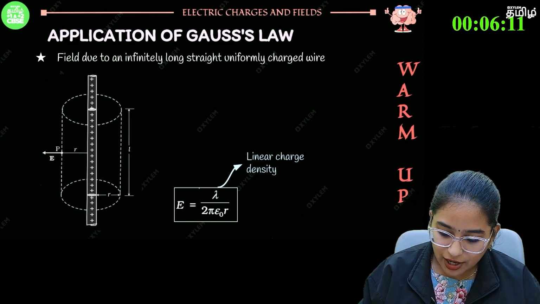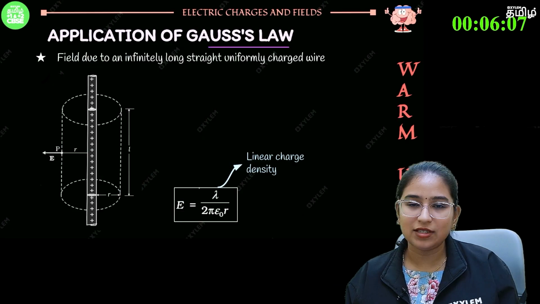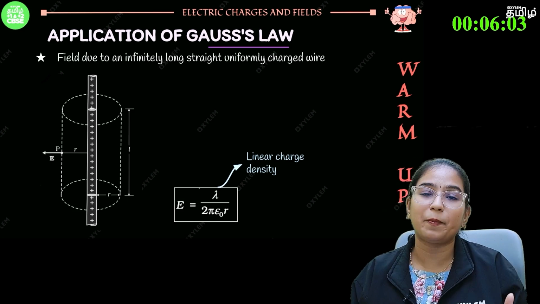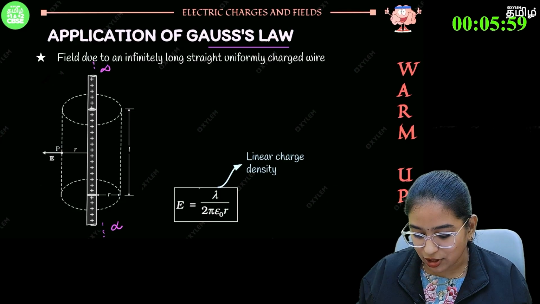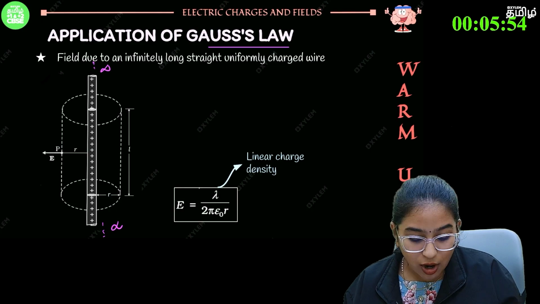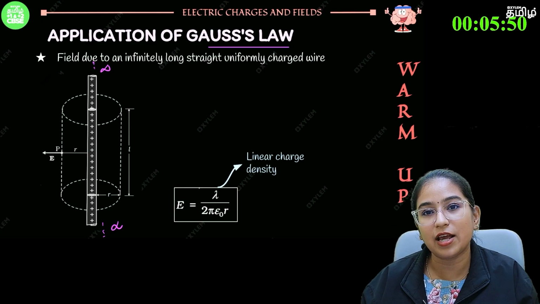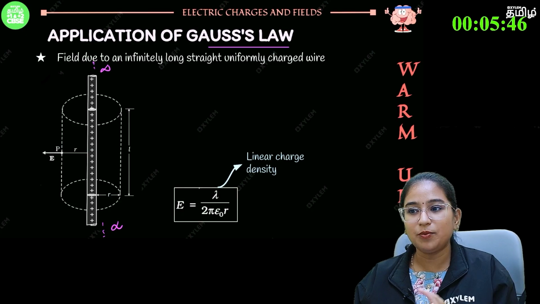Okay, so here we are going to talk about a long infinite wire. In a question they might ask long wire or infinite wire. These two represent only one meaning, which means we don't know the origin and we don't know the ending. It is infinite. So I'm going to draw a Gaussian surface around it, and according to that Gaussian surface I can find what the electric field is for this rod at a particular point.